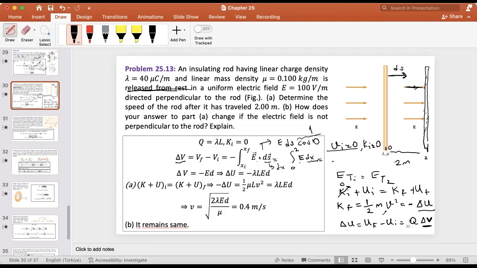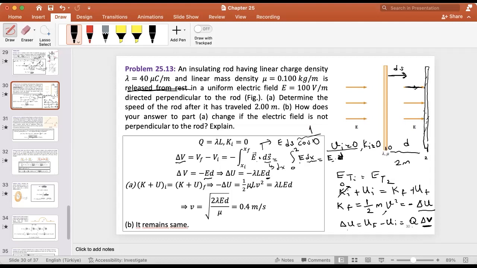You can write this part, electric field and 2. But in the solution, they use d instead of 2. Okay, we follow the same thing. D is 2, no worries. I will follow the solution anyway. So my potential difference is electric field times D.